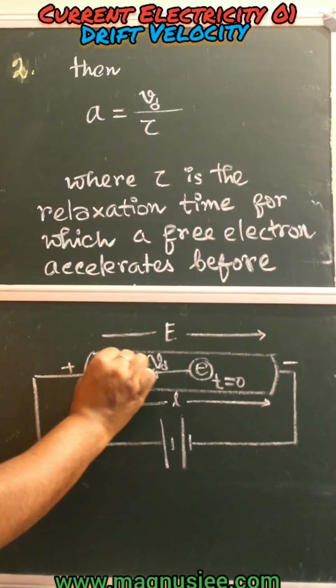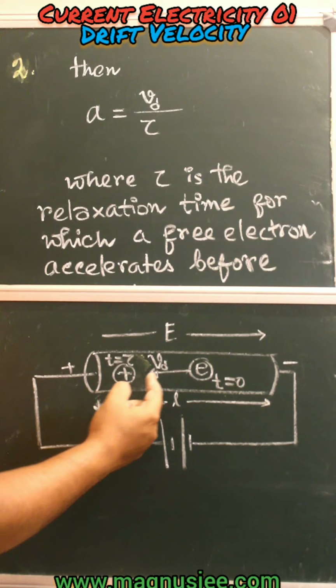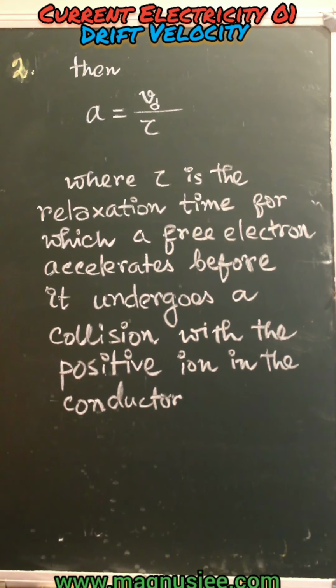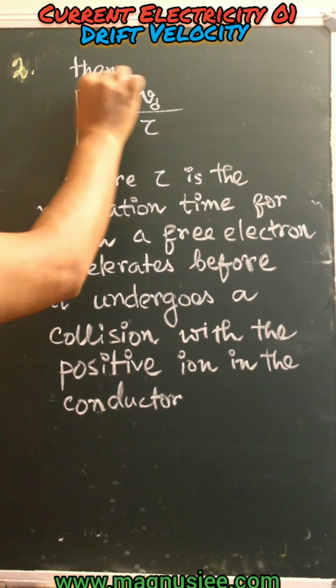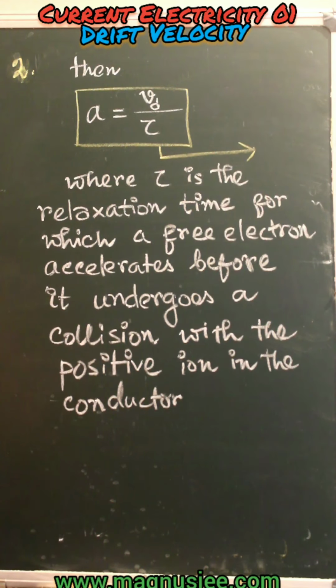So the interval of time is tau. This is the interval of time in which the electron undergoes a collision with the positive ion in the conductor. a is equal to Vd by tau. This is equation 4.